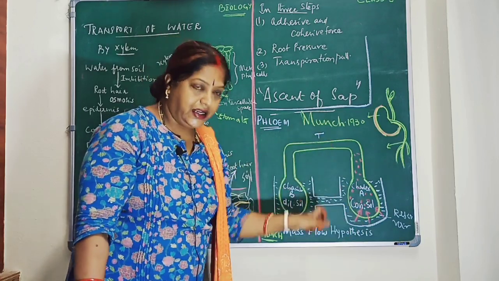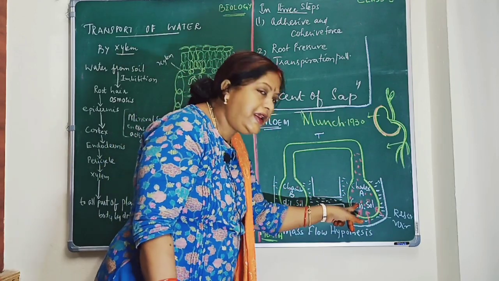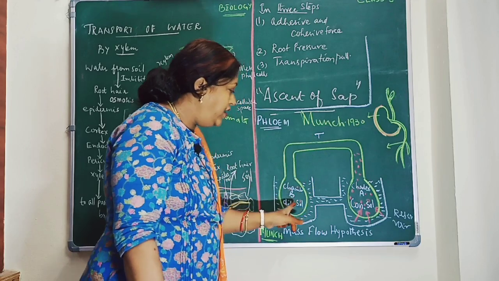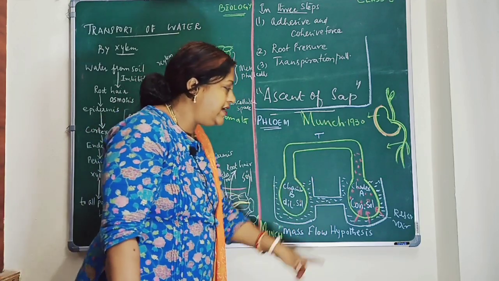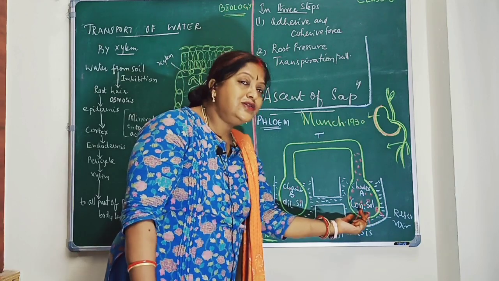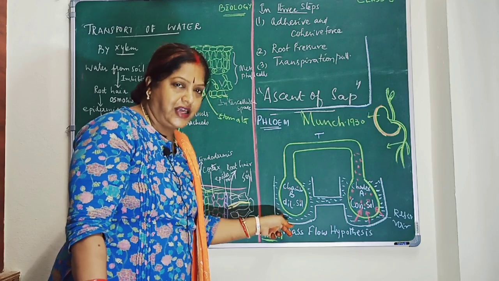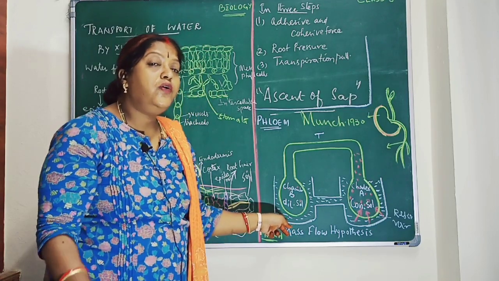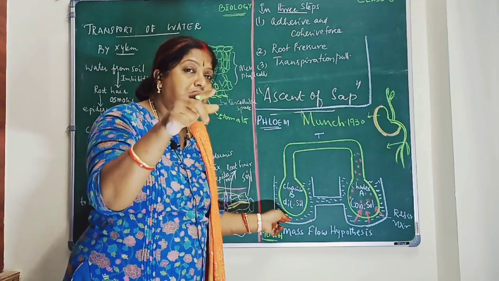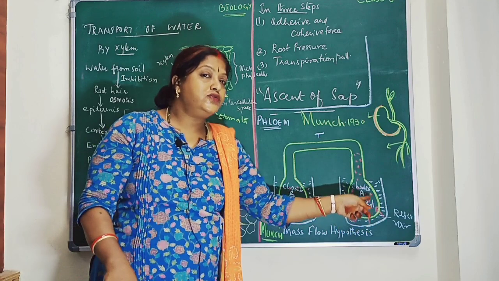Due to the increase in the pressure, the food material is transported through tube T into chamber B. He said that where the food is synthesized is called the source, and where it is required is called the sink.